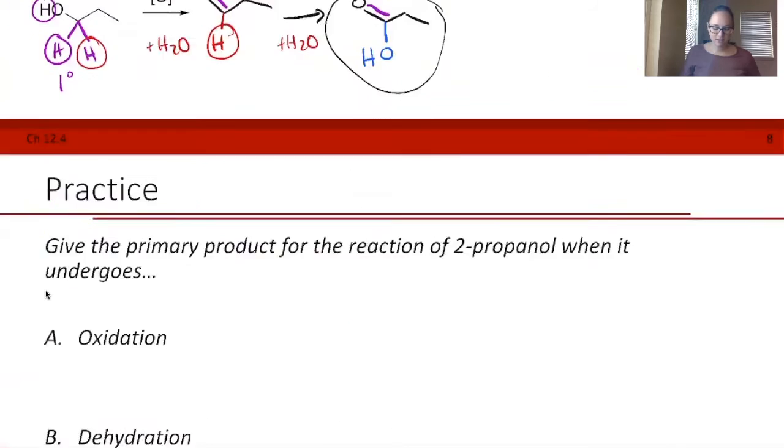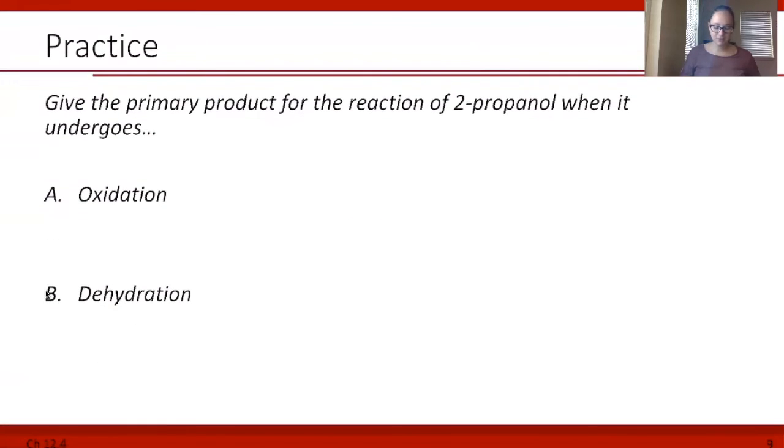Okay, so we have one other practice slide. It says, give the primary product of the reaction of 2-propanol when it undergoes oxidation and dehydration. So 2-propanol, we have prop, and then at the 2 position, we have an alcohol. We're going to undergo an oxidation reaction, so I need to draw my O in brackets to symbolize oxidation.